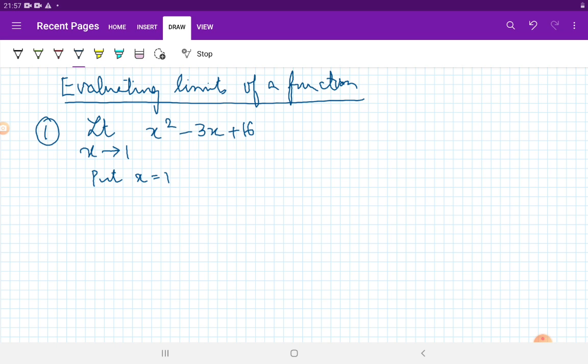So, putting x equal to 1, we'll get 1 square minus 3 into 1 plus 16, which is equal to 1 minus 3 plus 16, which is equal to 14.